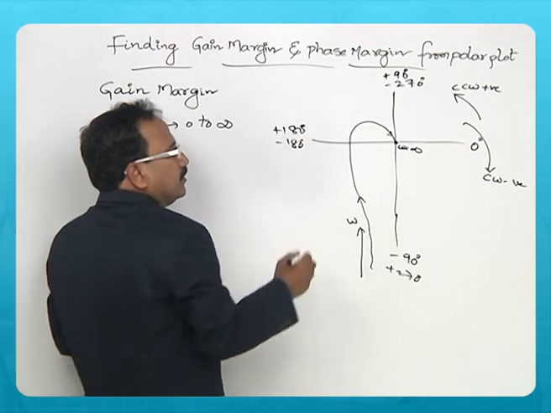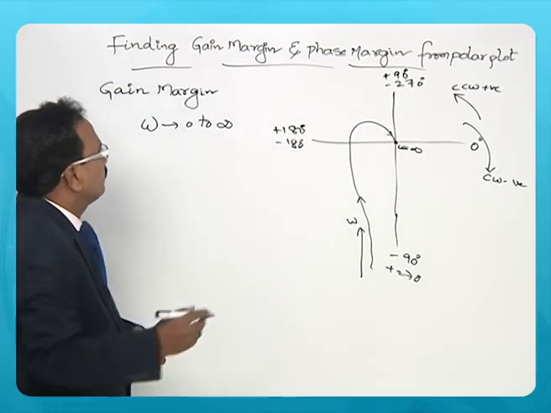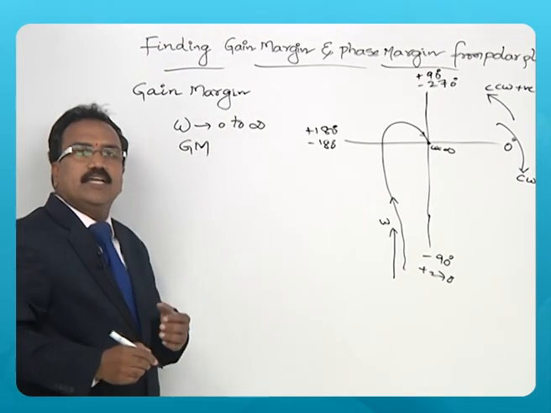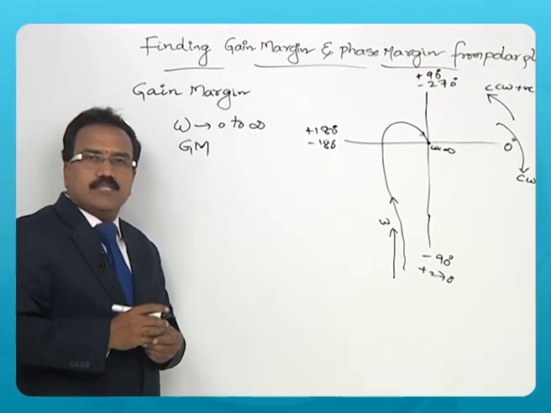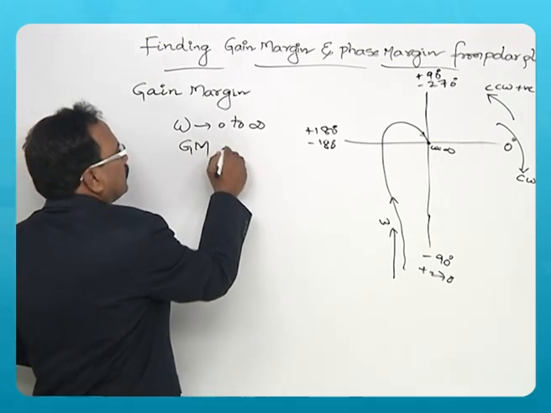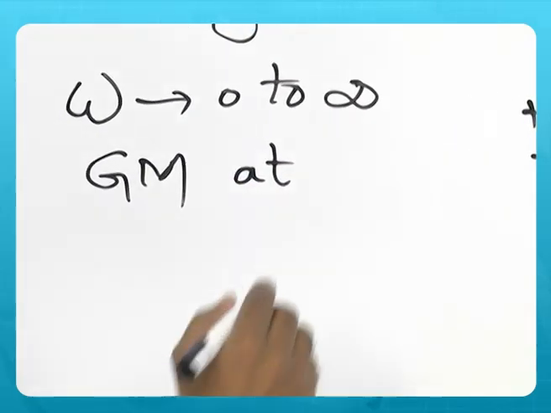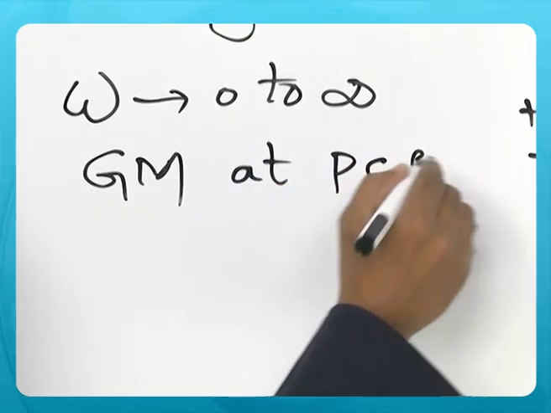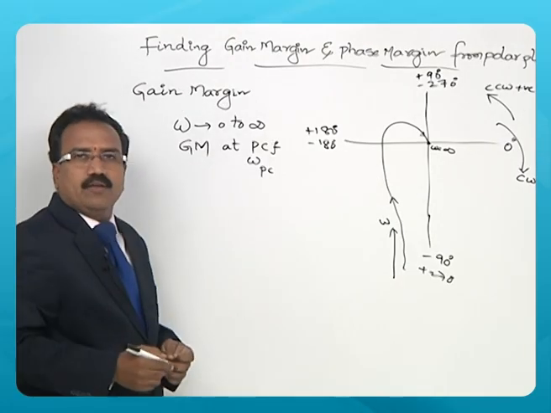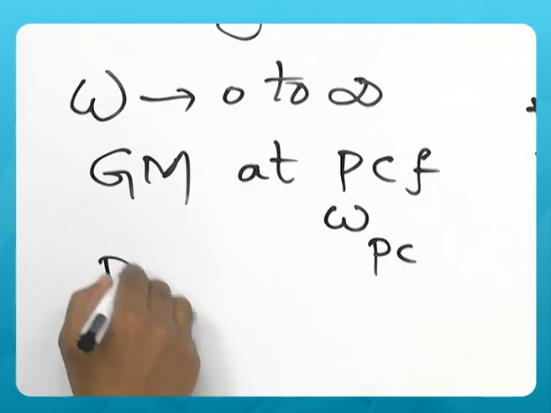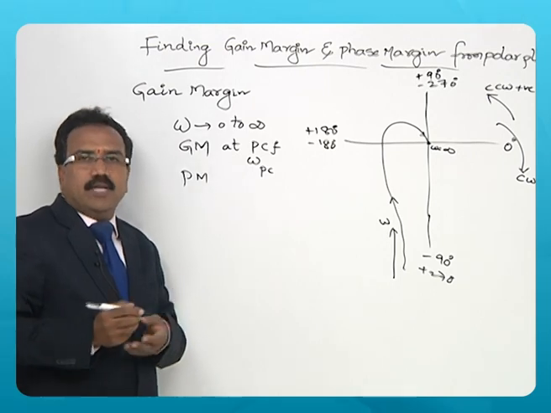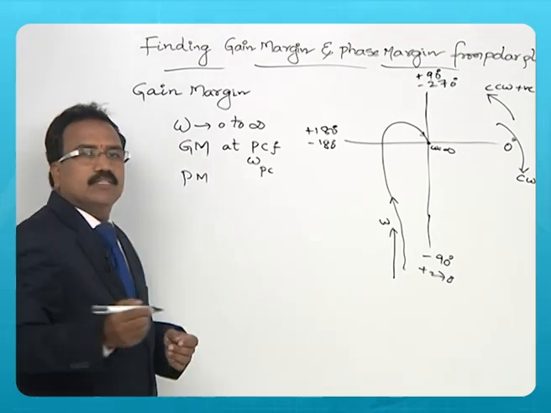Then there are two important things here. One is gain margin. As I said, it is the amount of gain that can still be added to the system without affecting the stability. This gain margin is determined at the phase crossover frequency, that is omega Pc. Phase margin is the amount of phase angle that can be added to the system without affecting the stability.